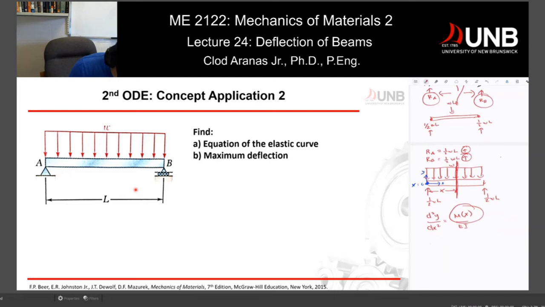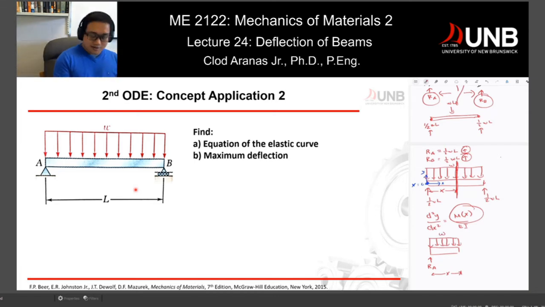So if I take the left side, my left side has R sub A. Now I already cut my distributed load into length x, but that's still omega right there.